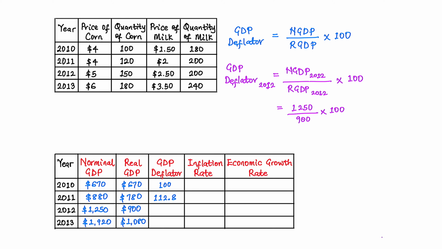So simplifying, we have equals 1,250 divided by 900, that's 1.389 times 100. That will give us 138.9.